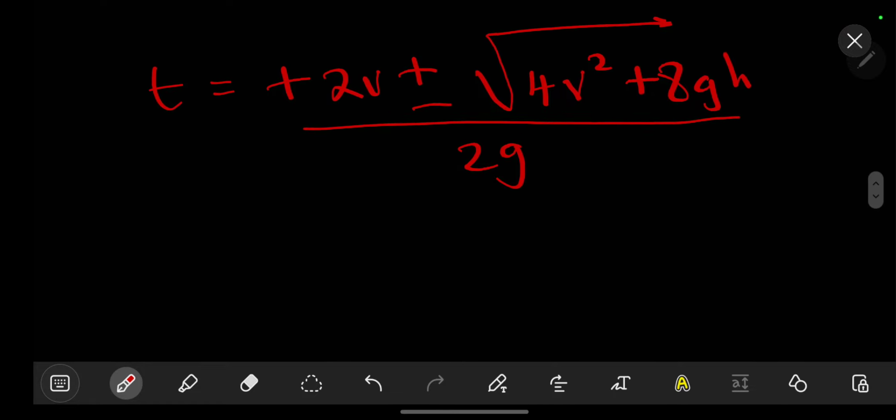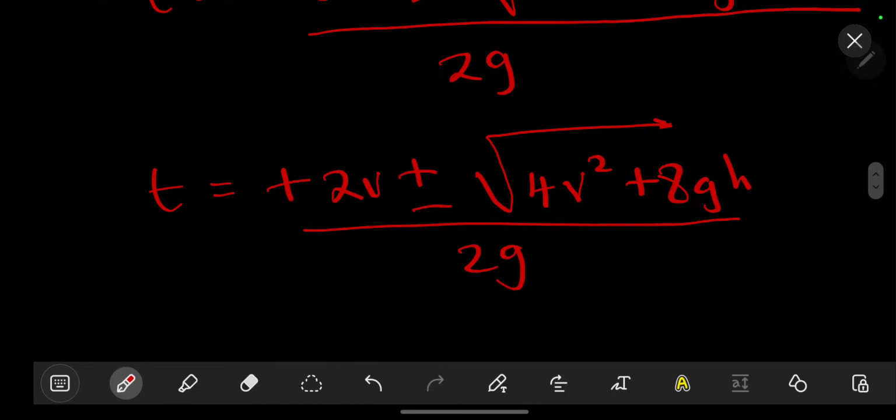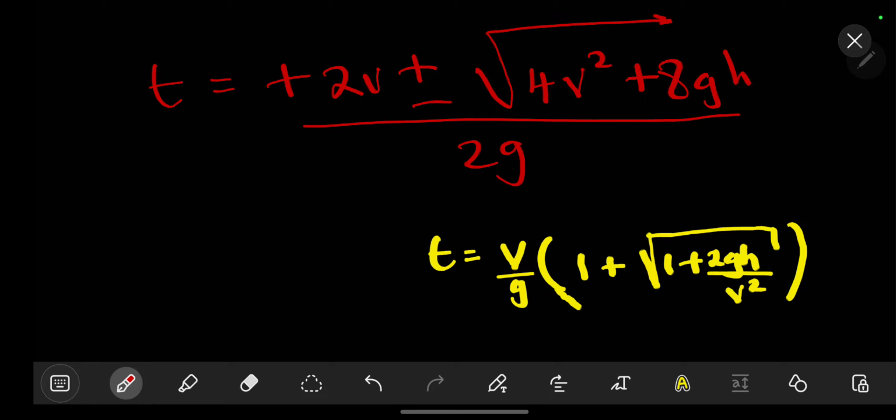Now, each and every time you're answering such types of problems, you're supposed to be comparing your equation to the expected answer. So this is our expected answer. Here there is a 1, and here there is a 4. How do I get a 1? I can get a 1 by dividing by 4v squared on both numbers, but it's not just as direct as dividing by 4v squared.